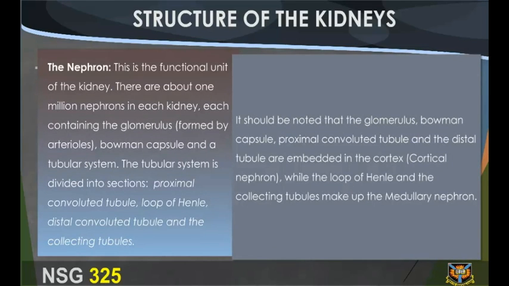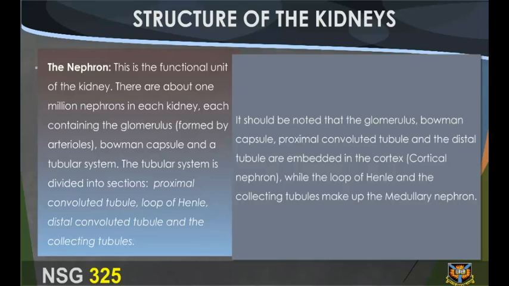The nephron. This is the functional unit of the kidney. There are about 1 million nephrons in each kidney, each containing the glomerulus formed by the arterioles, Bowman capsule, and a tubular system. The tubular system is divided into sections: proximal convoluted tubule, loop of Henle, distal convoluted tubule, and the collecting tubules.